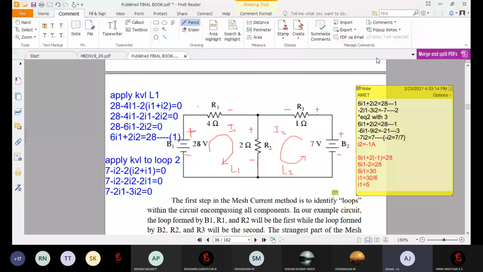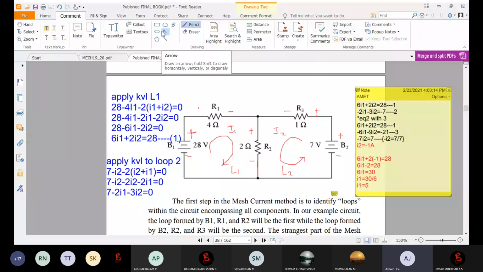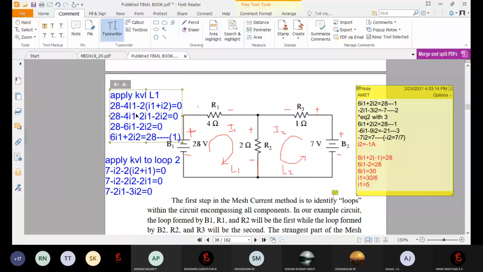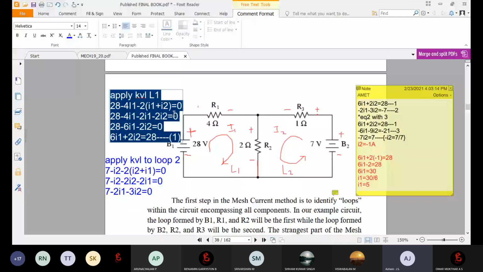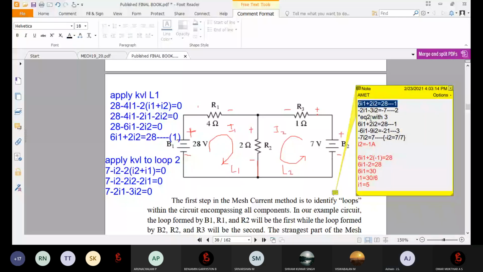Better I will put everything in this. You just copy first.